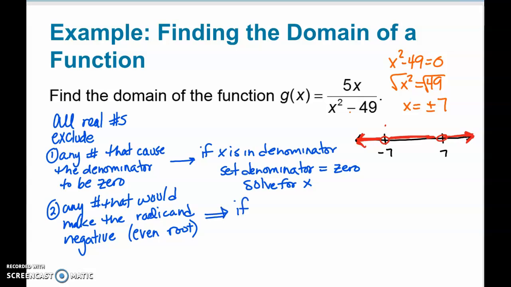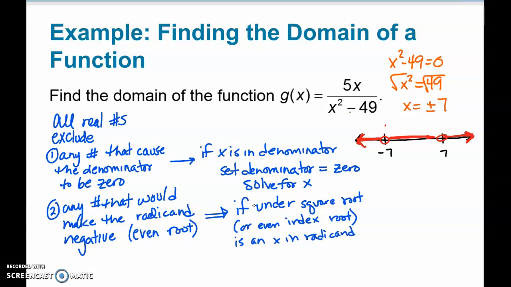So the question you're going to ask yourself is, if under the square root or even index root. If it's a cubic root, a 5th root, 7th root, we don't have to worry about this. So you're going to ask yourself, if you have a square root or any even index root, is there an x in the radicand?